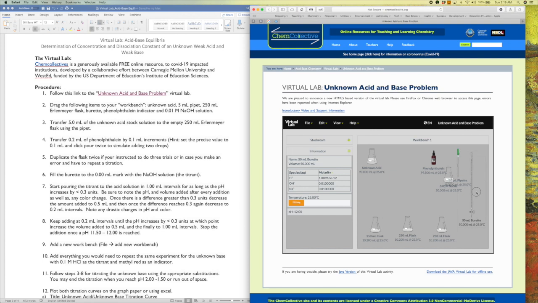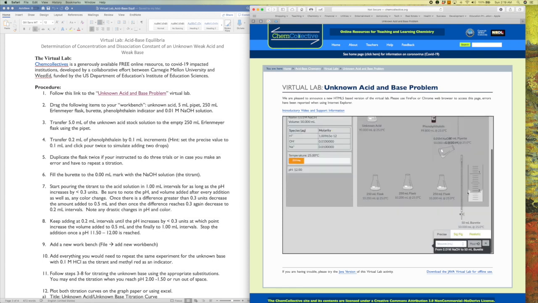And so, oh, I lost my flask. Let me put that back. And so some volume of my sodium hydroxide has gone here, right? So there is some volume here that is being taken up by the sodium hydroxide. And so we don't have enough to fill up to the 0.